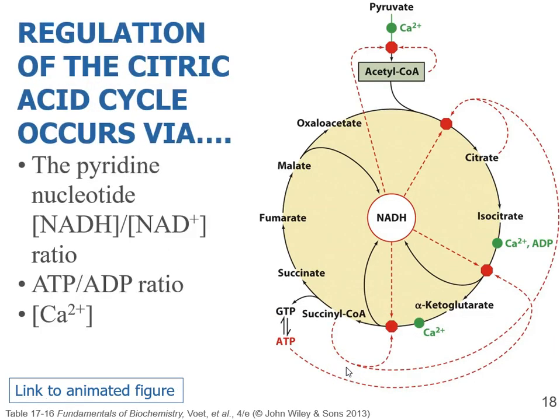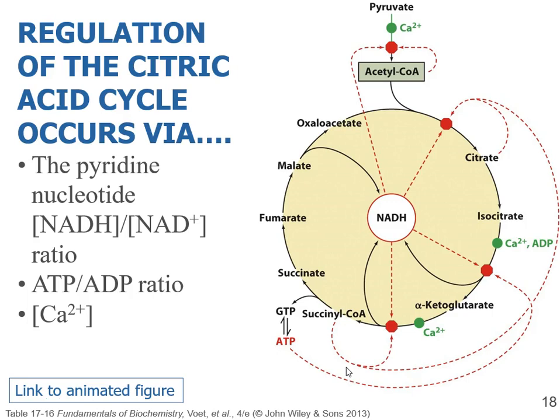So we can really look at this kind of strategy. There's a lot of details here, but the regulation of the cycle really depends on the pyridine nucleotide NADH-NAD+ ratio. So again, if that ratio is high, then we're going to slow down the pathway. But if the ratio is low, that means you don't have a lot of NADH and you have a lot of NAD+, and that means energy is needed.